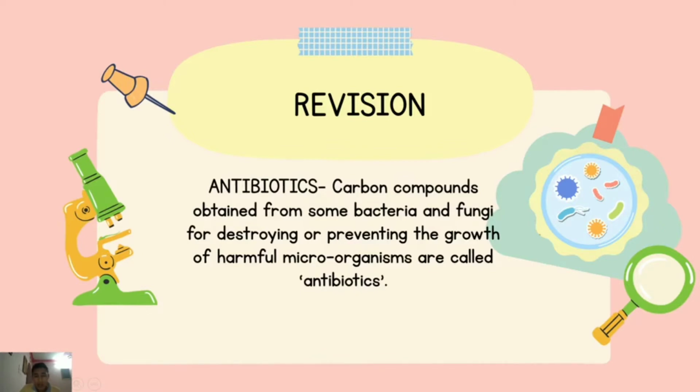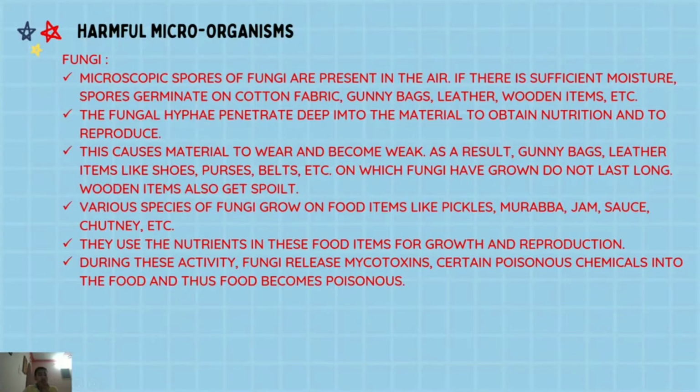It is nothing but a carbon compound which is obtained from some bacteria and fungi for destroying or preventing the growth of harmful microorganisms, and they are called antibiotics. So it is a type of medicine which will be used to destroy or prevent the growth of harmful microorganisms in our body. Now in this lecture we are going to see some harmful microorganisms.